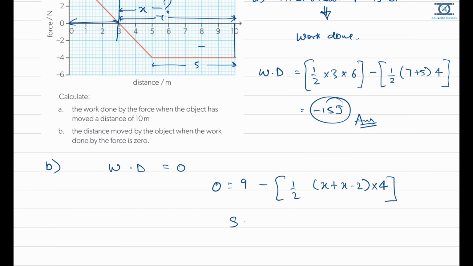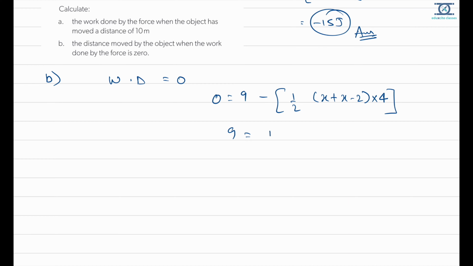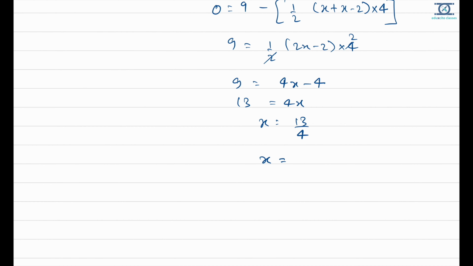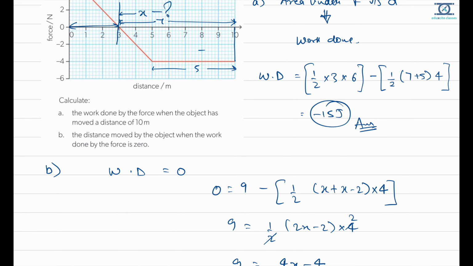So 9 equals 1 by 2 times 2x minus 2 times 4, where this is 2. So 9 equals 4x minus 4. This gives 13 equals 4x, so x will be 13 by 4, which comes out to be around 3.25, but this is from this point.